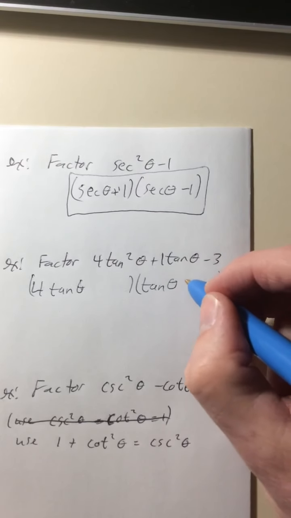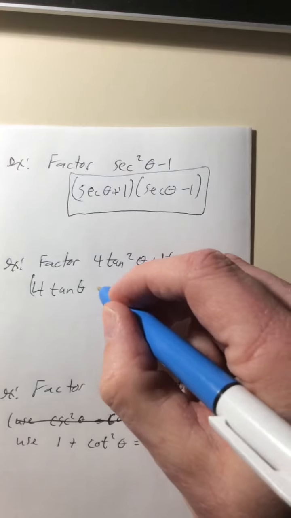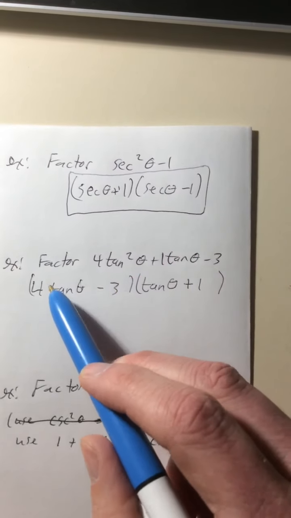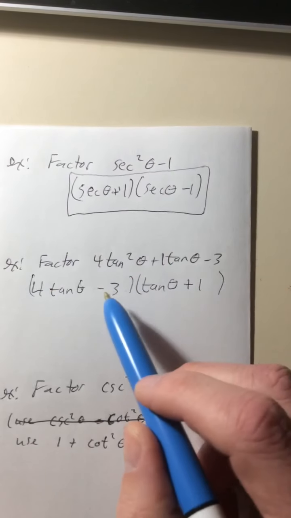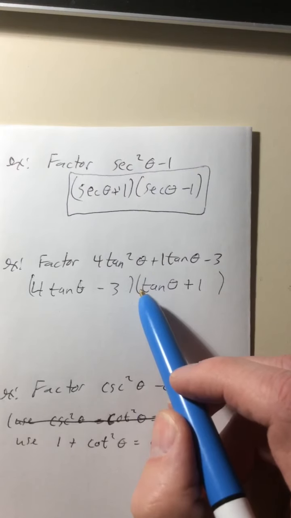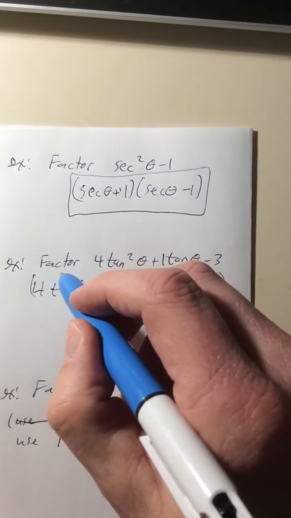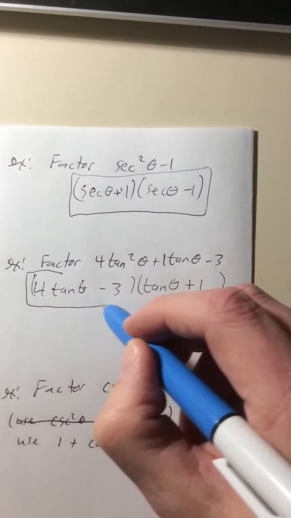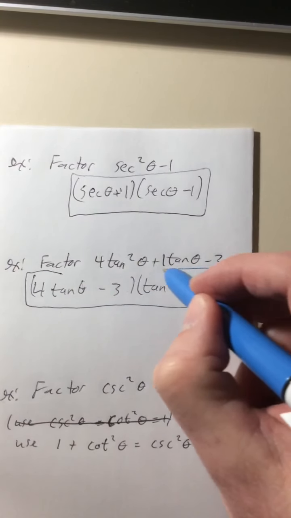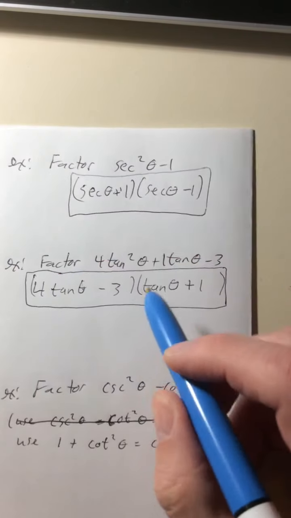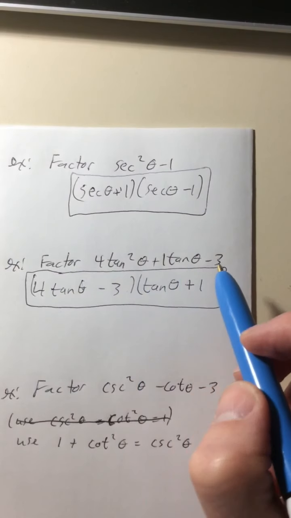So I'm going to put a plus 1 here and a minus 3 here, because 4 times 1 makes 4. Negative 3 times 1 makes negative 3. 4 minus 3 is 1. So there it is. We could have done this by the master product rule. And if you wanted to, you could change them all into x's and then change them back later. So you could write 4x squared plus x minus 3.